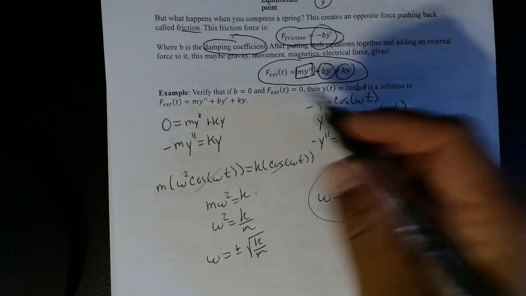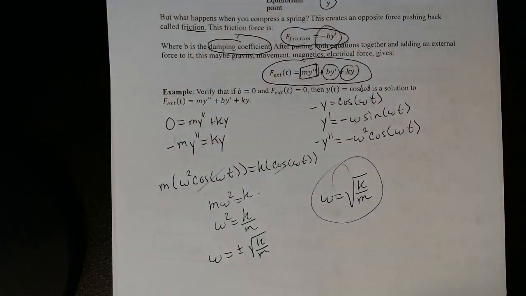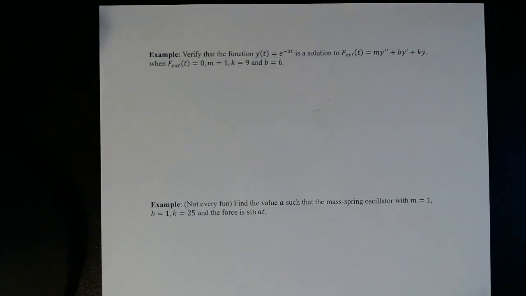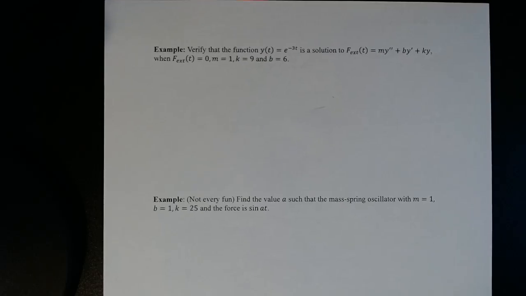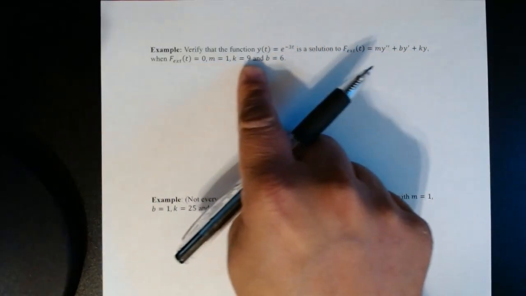Right, very theoretical, since we're dealing with the variables themselves. So why don't we do one a little bit more concrete? We want to verify that the function y of t equal to e to the negative 3t is a solution to our external forces where all this matches.